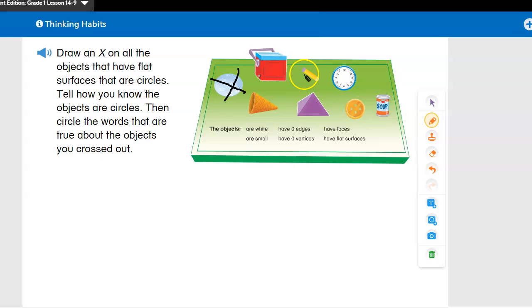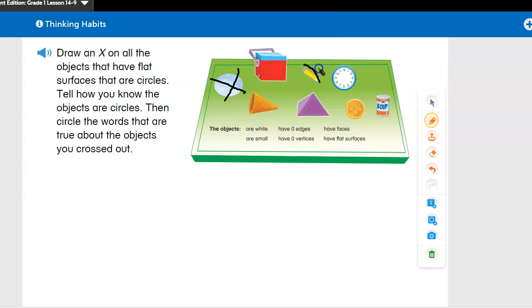I do see, it looks like a long cylinder, and cylinders have two flat surfaces that are circles on them. So I can see that this becomes a circle, as well as the white part down here. Think of when you open a glue stick, is the glue part in a circle? Yes, it is.